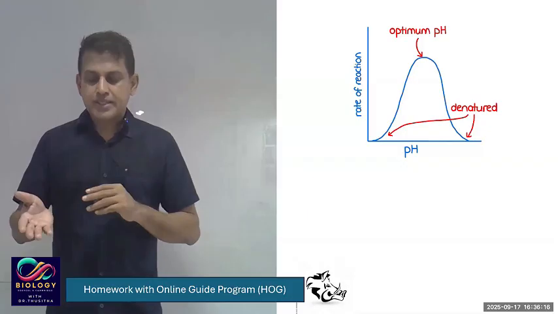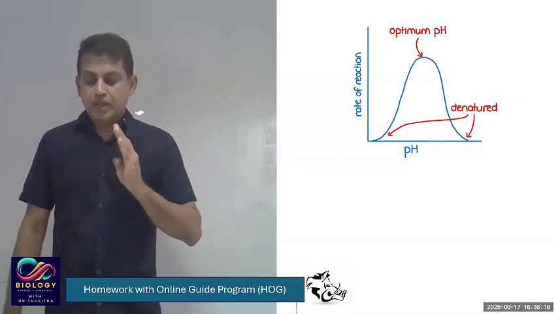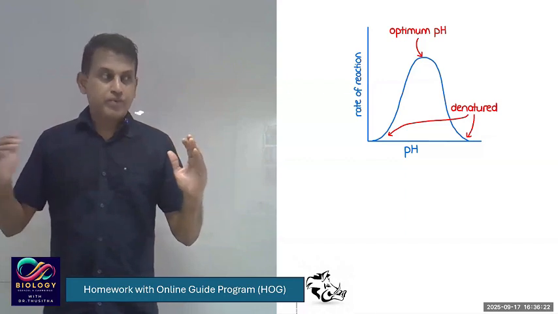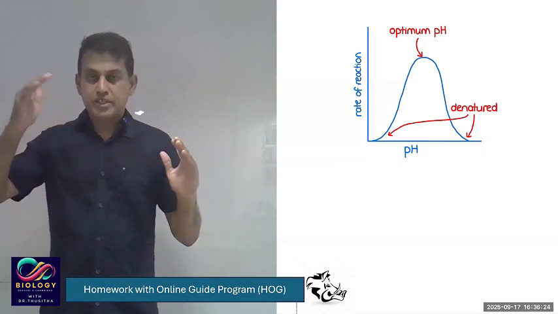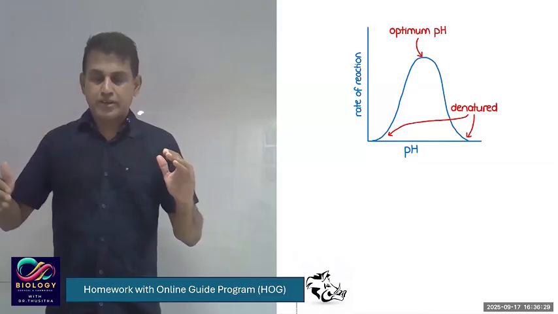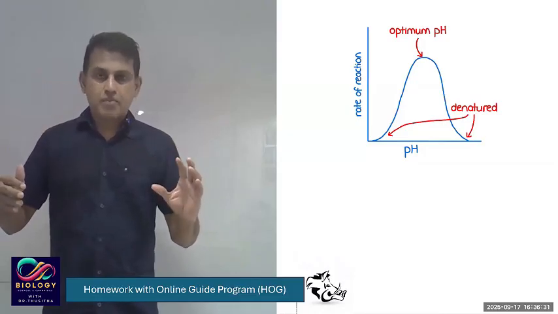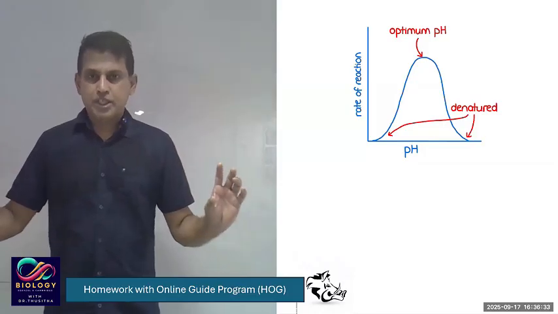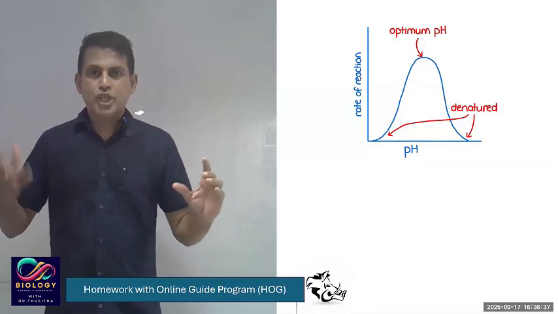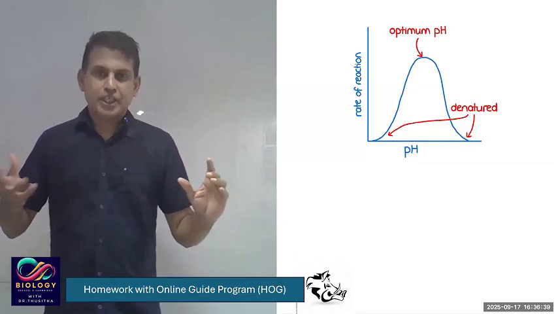So here you can see the graph, the pH 1 to 14, the rate of reaction increases, and the highest level is called optimum pH, then again decreases. So why does this happen? At low pH and high pH, the proteins are destroyed or shape changes, the active site changes shape.